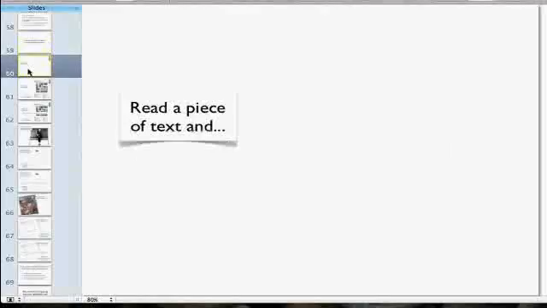So one thing that I see on occasion is read a piece of text. Now, when we talk about text with the Common Core, we're talking about complex text, which means there are different qualitative and quantitative measures, and matching reader to text is going to be very important. This complex text is going to be at higher Lexile levels and complexity. So we may currently see a piece of text read that is not necessarily complex, let's put it that way.